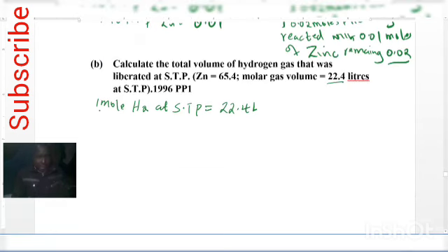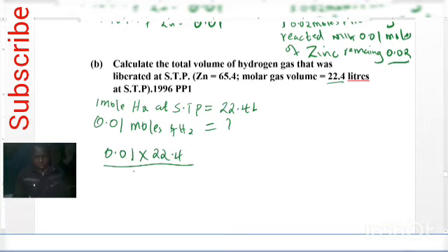We will now say 0.01 moles of hydrogen will contain which volume. So this is 0.01 times 22.4 divided by 1.